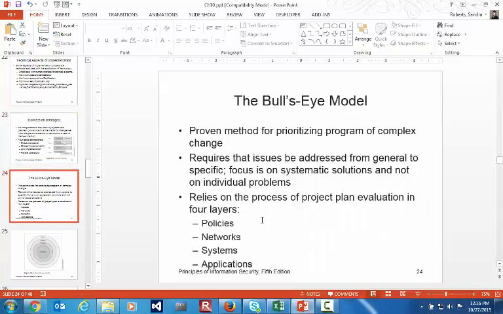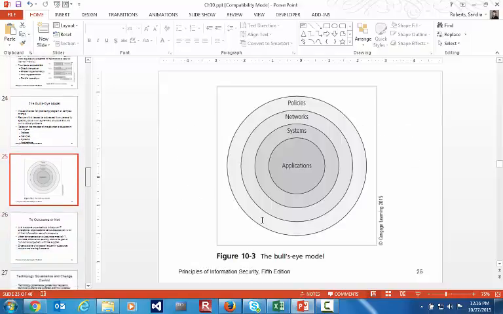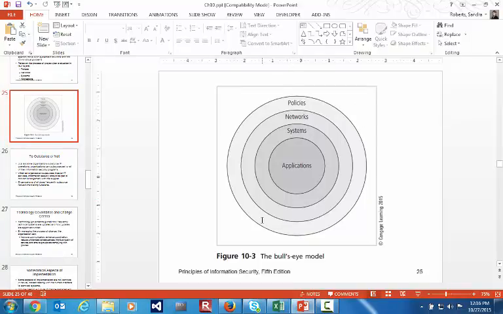And then the bullseye: you prioritize a program for complex change, which requires that issues be addressed from the general to very specific and schematic solutions instead of just individual programs. And that's what it looks like for the bullseye. You've got the policies of the company, their networks, their systems, and then the applications, how it's going to be phased into those applications.